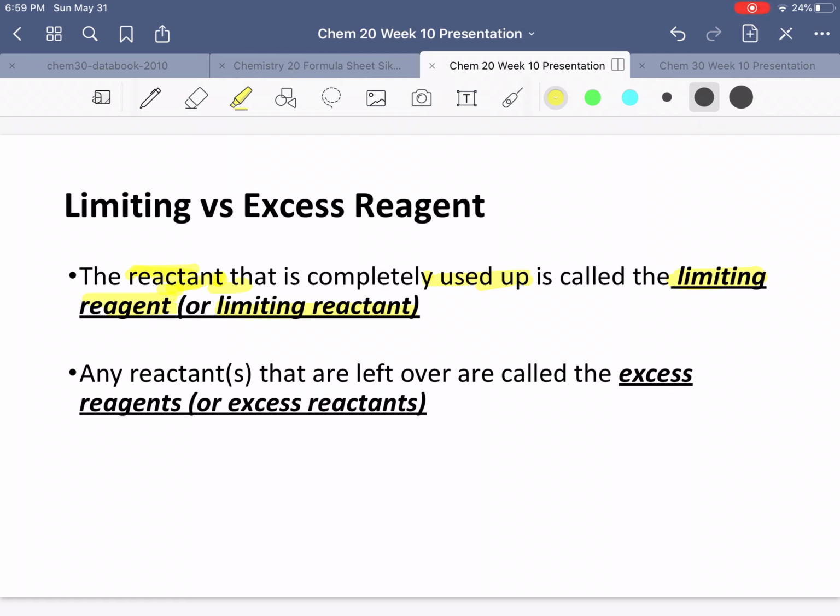I'm saying smaller amount. And that gets a little bit more interesting to figure out. Vice versa, any reactant that's left over that you have extra, that's the one that's the excess reagent. This will also be known as an excess reactant. Okay? So keep both of those in the back of your heads. Very important terms, ones that are going to be coming up again and again and again.